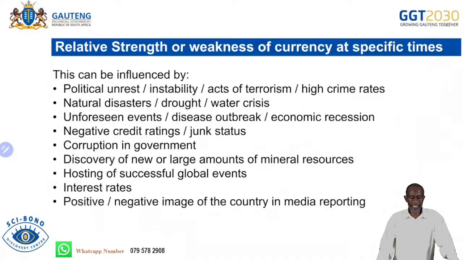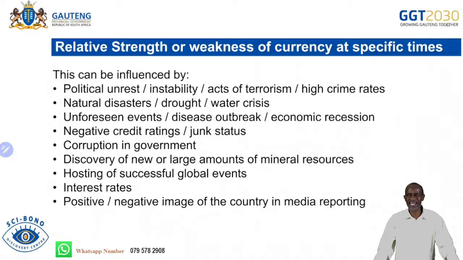Relative strength and weakness of currency at specific times. This we have explained when we talked about the concept of fluctuation. So this is relative. You cannot tell exactly the value of the rand because it changes over a period of time. Hence, we are using a relative strength and weakness of a currency.